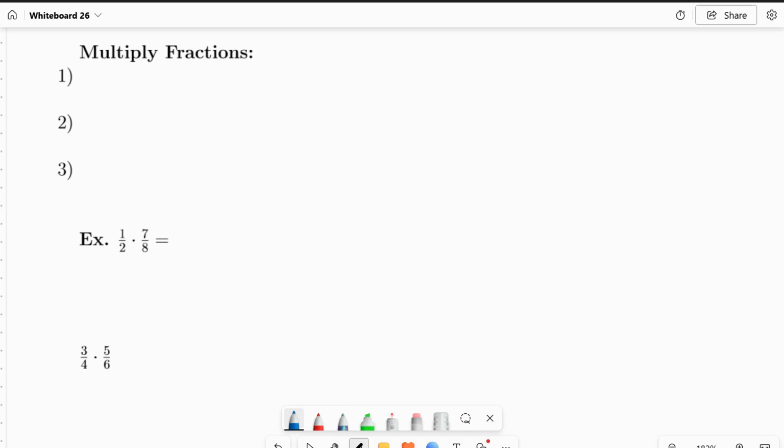Okay, the next thing we're looking at is multiplying fractions. Multiplying fractions is pretty straightforward. You multiply straight across the numerator. Then you'll multiply straight across the denominator.